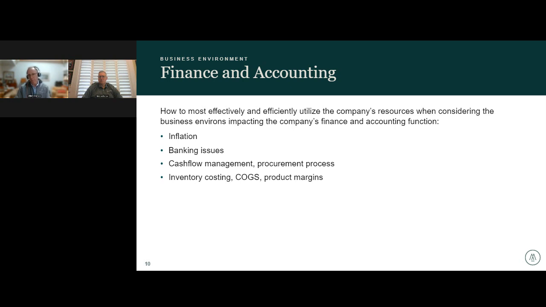Inventory costing, probably one of the biggest laments I hear from winery owners or other employees in a winery is, I wish we really knew our costs. So it's becoming more and more critical to know what your margins are. With inflation and costs going up, we're seeing more and more margin squeeze.